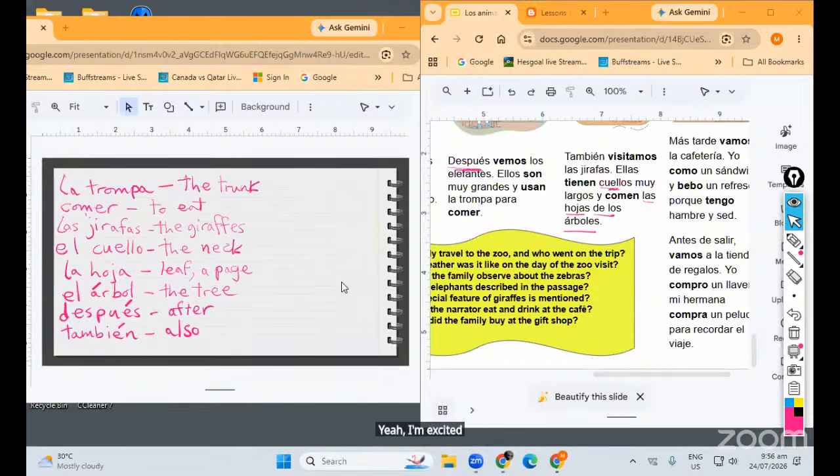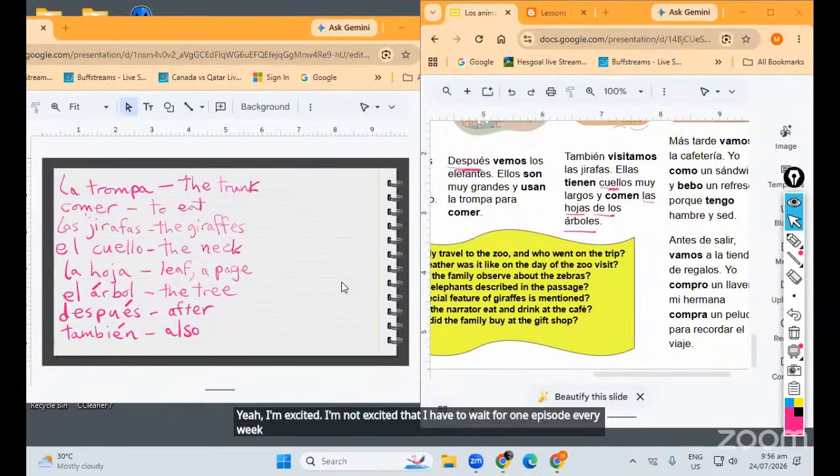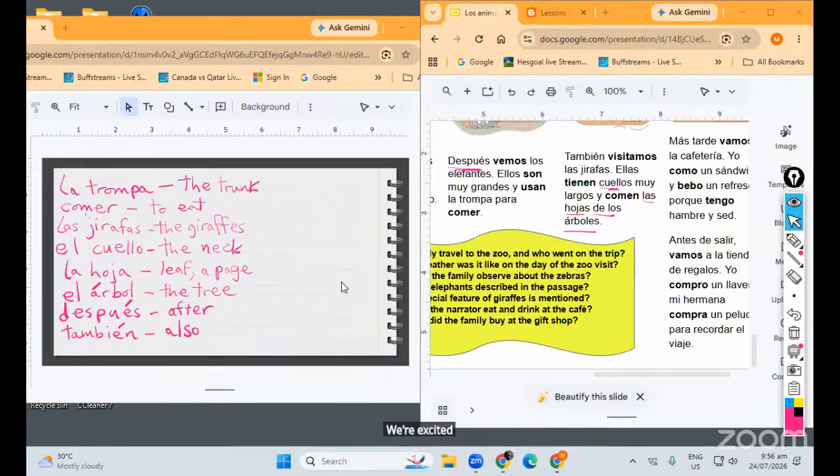I'm not excited that I have to wait for one episode every week, but I'm excited for season 3. My goodness, guys, we have a blasphemer in class. They like the movie more. What?